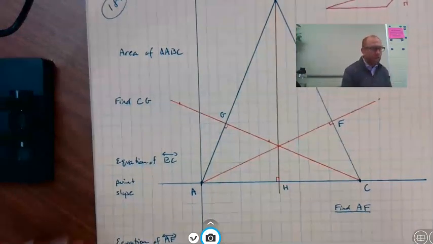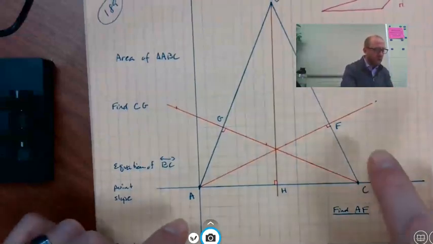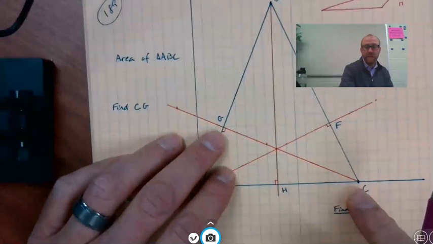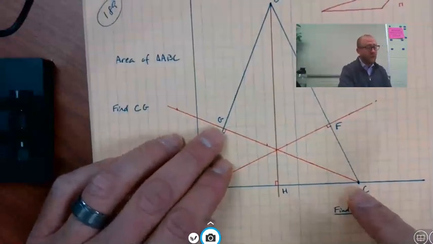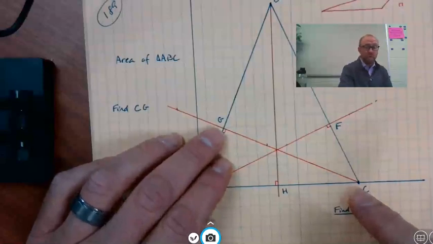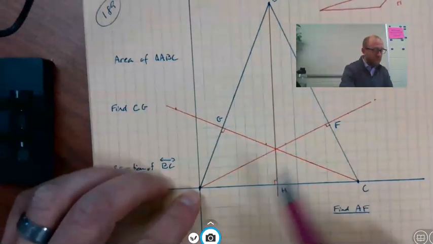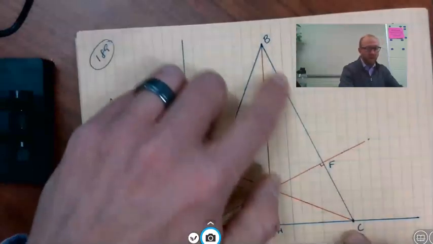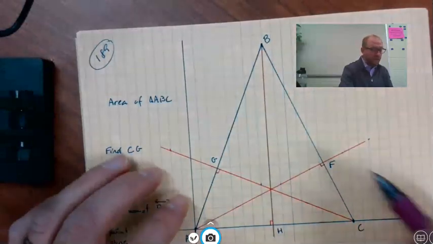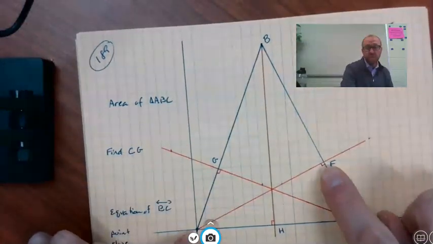So what we're going to do is calculate the length of the altitude using two different methods. One is going to be super complicated and one's going to be pretty easy. The super complicated way is going to be to write an equation for this line and write an equation for this line, and then we're going to find the point they intersect and calculate the distance between the two points of intersection.